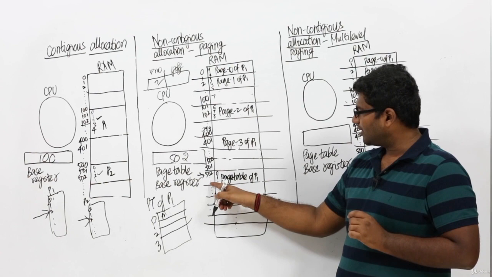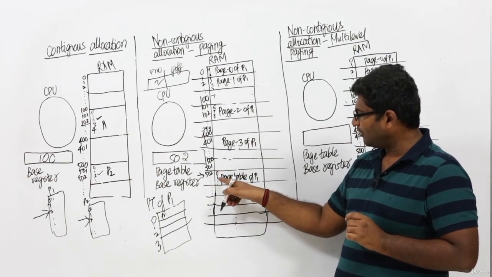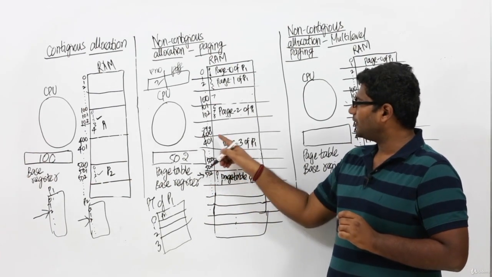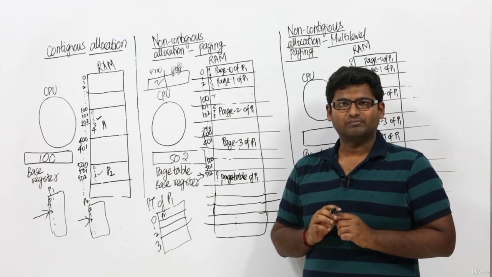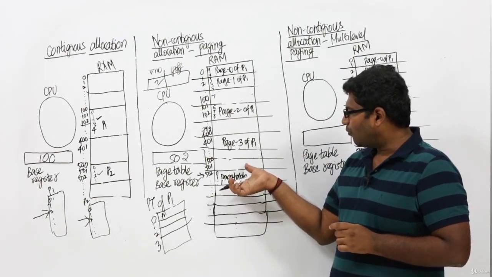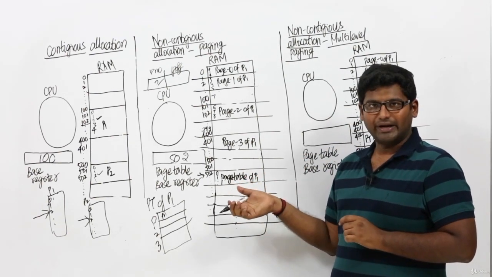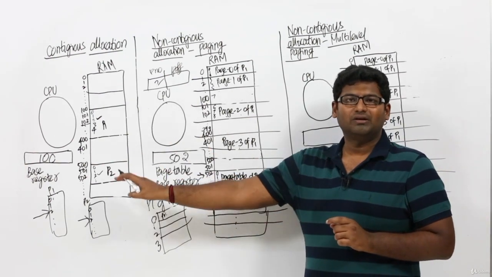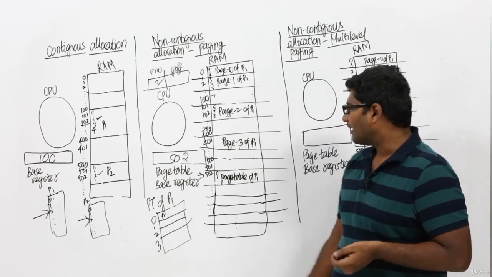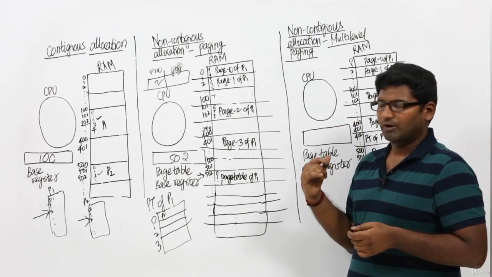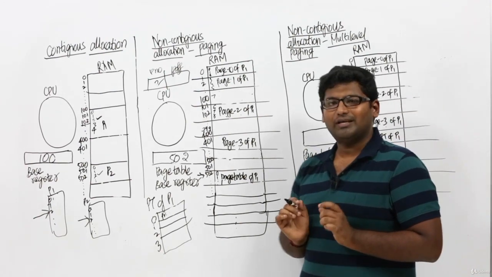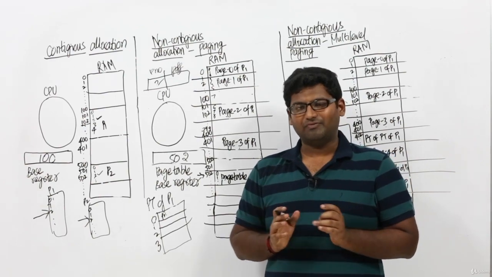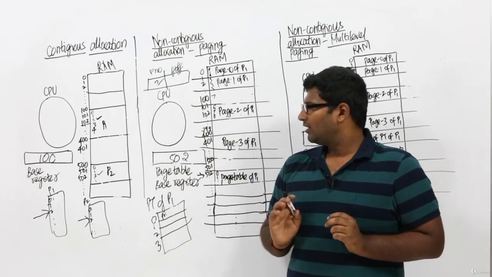We referred into the page table, and after getting the frame number from it, we went into the process and then executed it. So we had only one level of page table. Now in case I have multiple levels of page tables, we call that multi-level paging. That is what we are going to see here. You will be able to understand multi-level paging very well. It is very easy, very straightforward. We will see that.